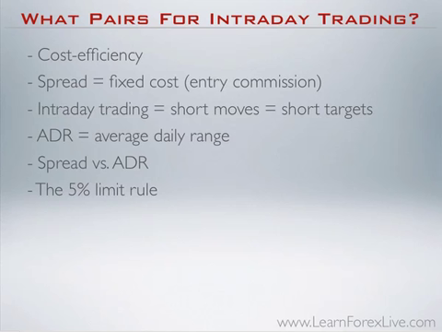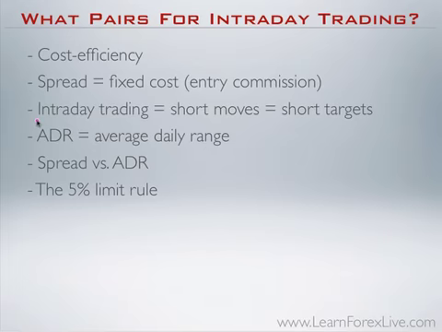Whereas there are other currency pairs such as the Australian dollar against the New Zealand dollar, the Swiss franc against the Japanese yen, the sterling pound against the New Zealand dollar, those exotic pairs where the spread cost can go up to 8, 10, even 12 pips, again depending on your broker. So obviously the spread cost varies quite greatly from one currency pair to another.